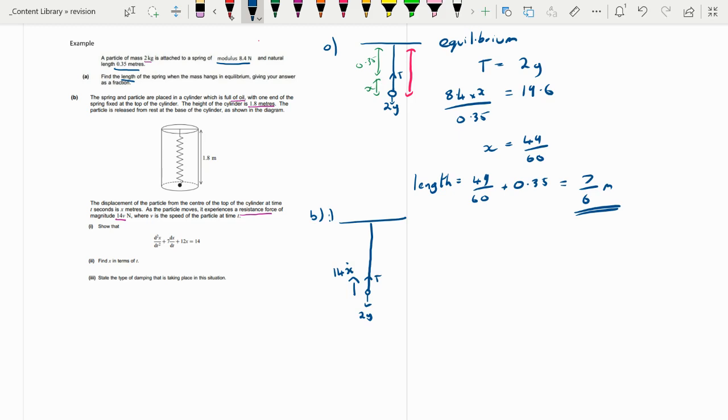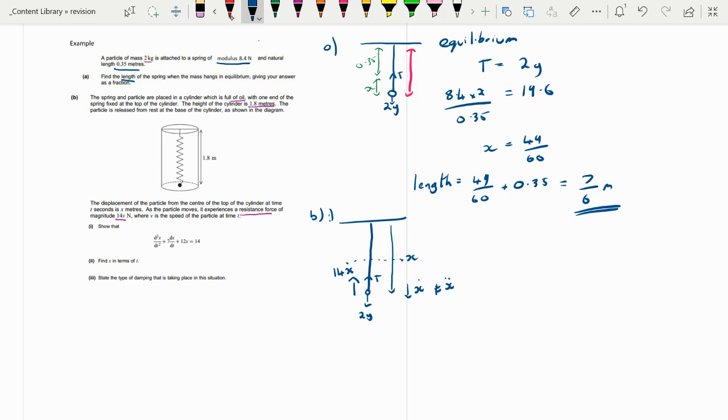Then, because the equilibrium position is somewhere up here, I'm going to have to think about the extension. Let's call this length from the top x, that's what it says, from the top of the cylinder, is x. So x dot must be going down, x double dot must be going down. That's going to help me with all my forces in a moment.